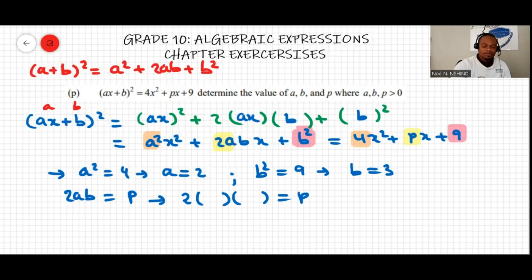So we can substitute the value of a is 2 and the value of b is 3, and it's 2 times 2 times 3, so that makes 24, so p equal to 24. Sorry, not 24, I meant 12, because 2 times 2 is 4, 4 times 3 is 12. Now we're done. Thank you.